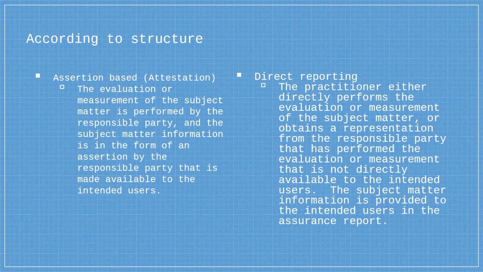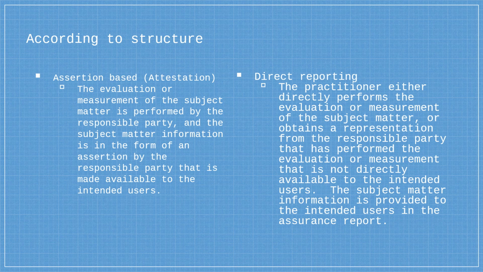In a direct reporting engagement, the practitioner either directly performs the evaluation or measurement, or obtains a representation from the responsible party that performed the evaluation or measurement, but then the subject matter information is not directly available to the intended users. This is where the main difference between these two engagements lies.